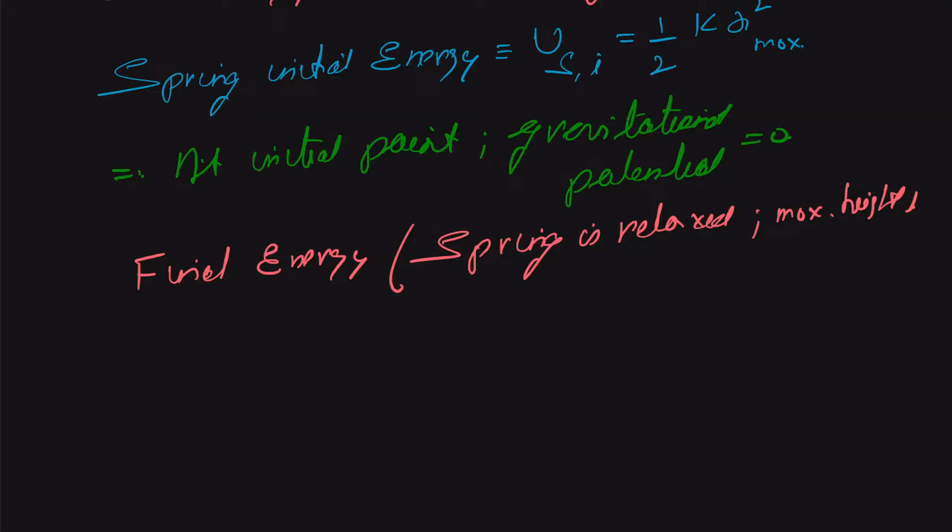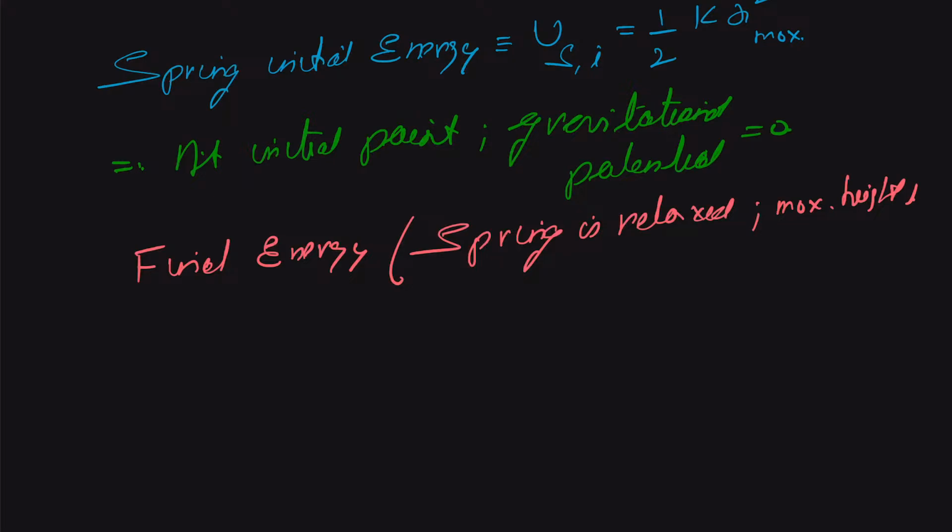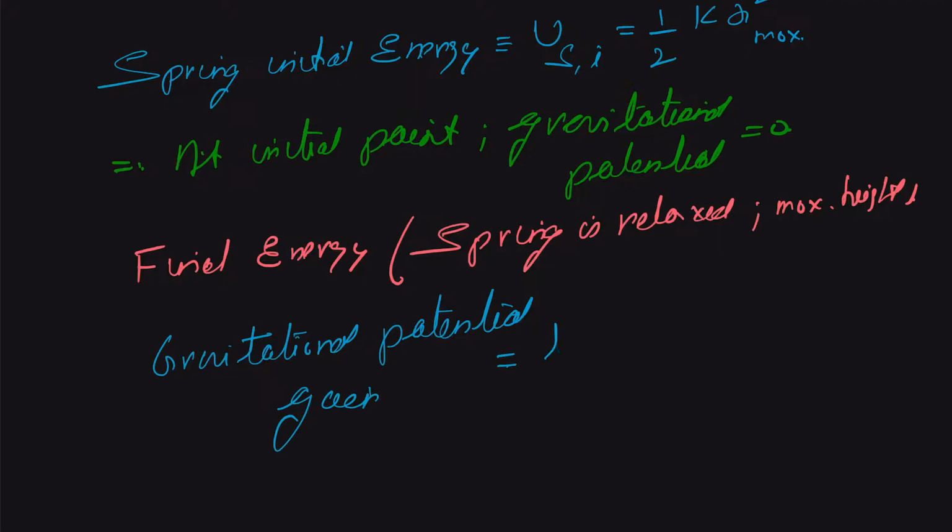Therefore, the gravitational potential gain, let us call it UGF, will be equal to mg times the height, which is x max times sine of theta.